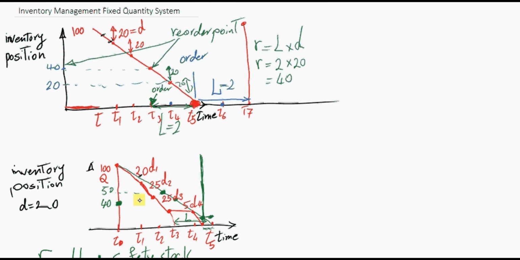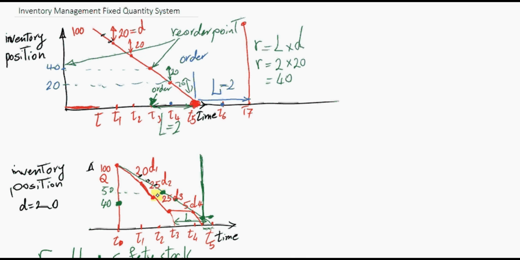If the demand goes faster, we will reach the reorder point sooner, and then we will place the order sooner. So if some speed up happens before we put our order, we don't care, because that's fine for us. What matters for us is that during the lead time, if the demand remains at 20 units and we order when we have 40 units on hand, that's the only thing that we care about.